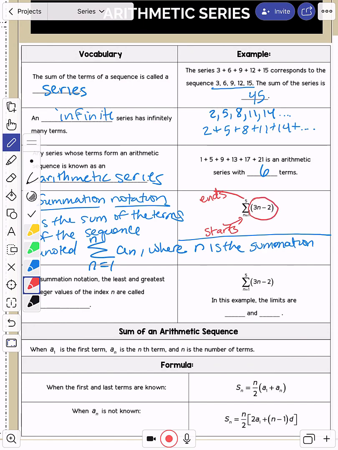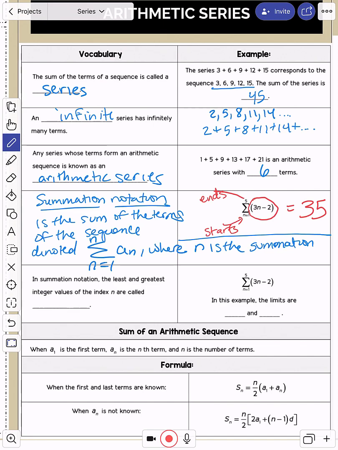So n equals 1, n equals 2, n equals 3, n equals 4, and n equals 5. We would figure out what those terms are, and then we would add them up. I am going to tell you that this equals 35. See if you can get there yourself, although we will do this in class also.